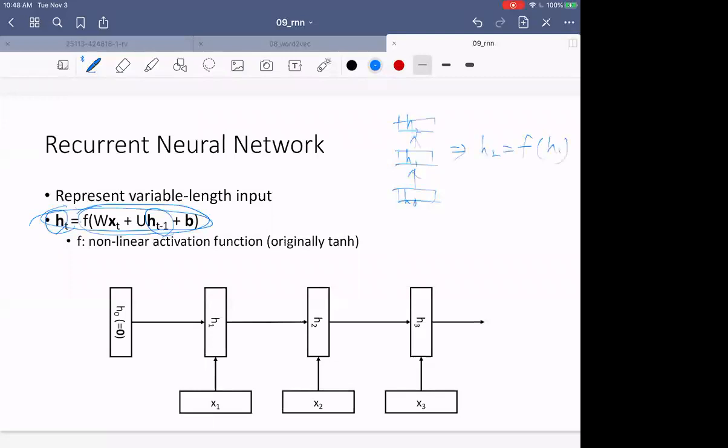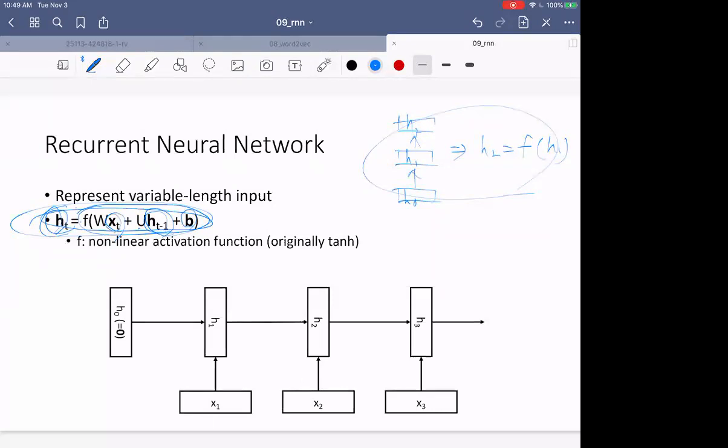I'm just saying F is like some neural network. So H2 is determined by H1, but the difference between here and here is the current state is not only determined by H_{t-1}, but also by x_t, which is the input at the current time step. b is of course a bias term. That's probably the most differing aspect between RNN and feed-forward neural network.